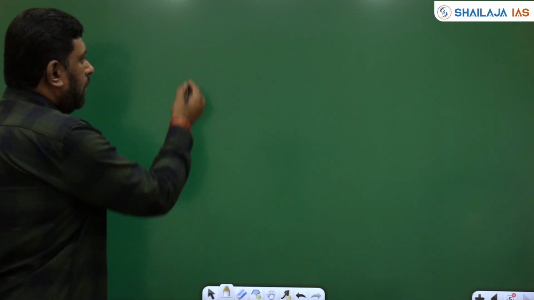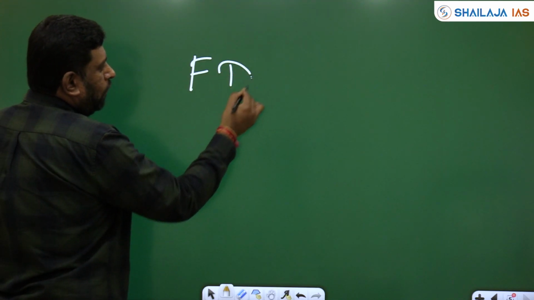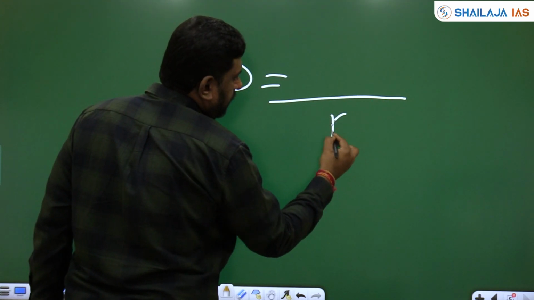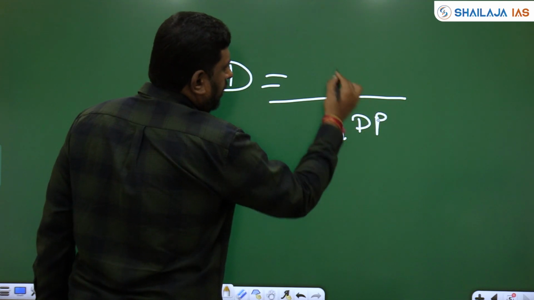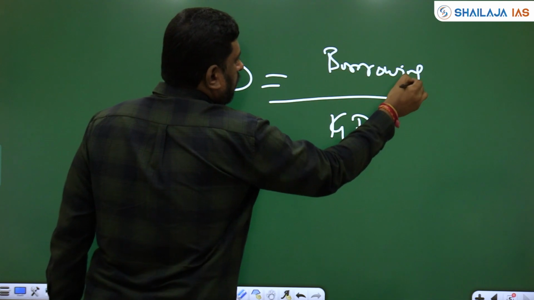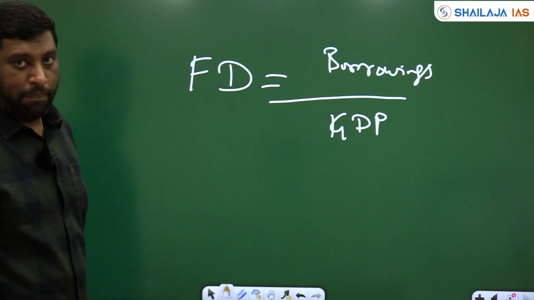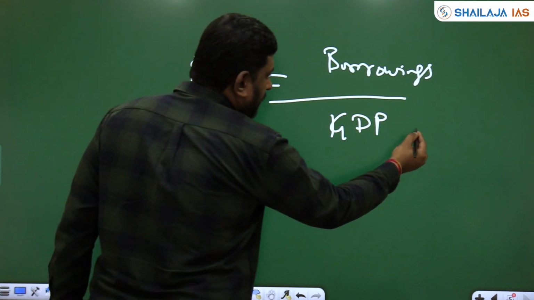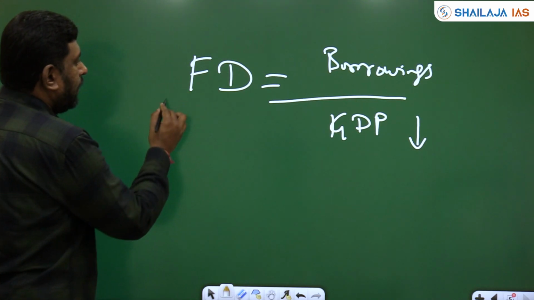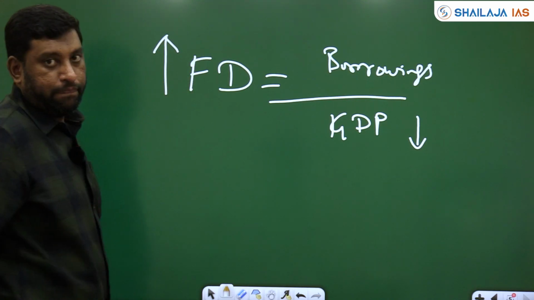Second thing, your fiscal deficit is always calculated as a percentage of your GDP. It is actually your total borrowings as a percentage of your GDP. Now, what happens if the GDP decreases? If the denominator decreases, your fiscal deficit is going to increase.